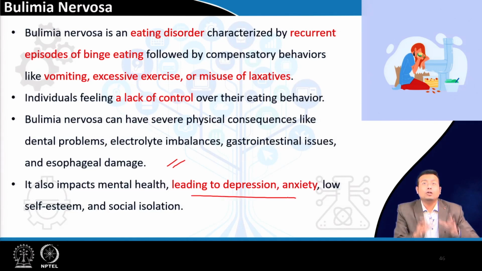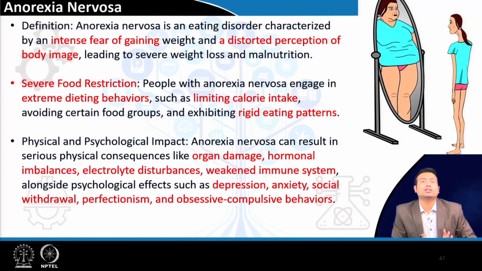So, in bulimia nervosa, the person is eating more. A contrasting situation, but yet a psychiatric disorder, is anorexia nervosa, where there is a distorted perception of body. It is a very striking illustration that a lean and thin person perceives himself or herself as overweight. It is mainly common in the female population, but it can happen in males.